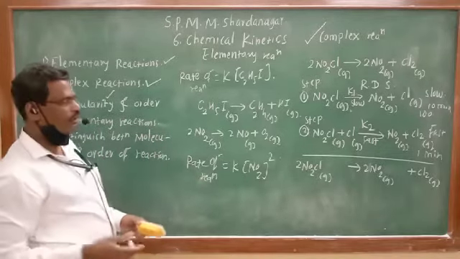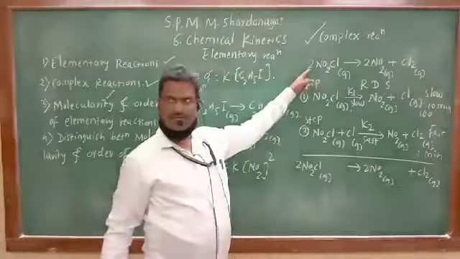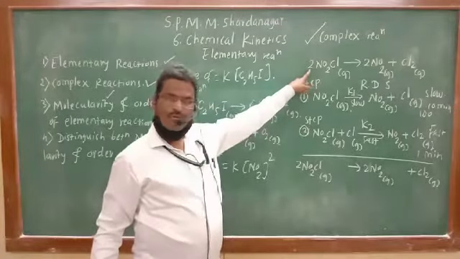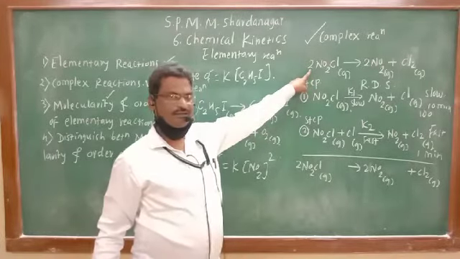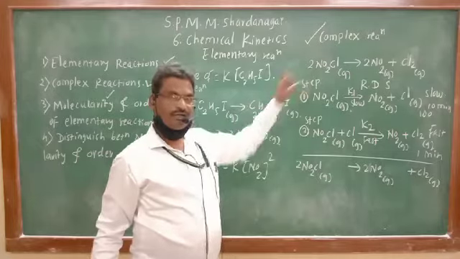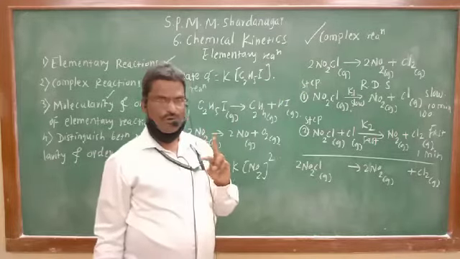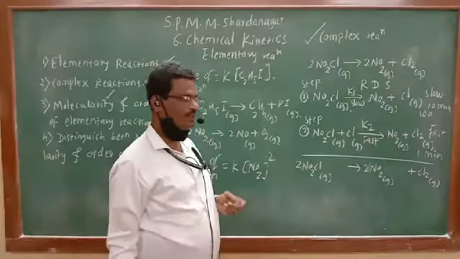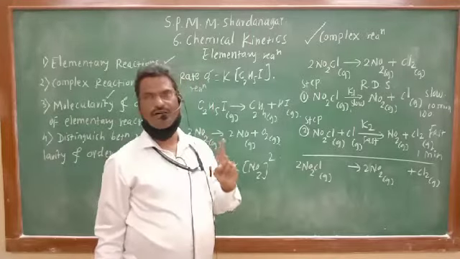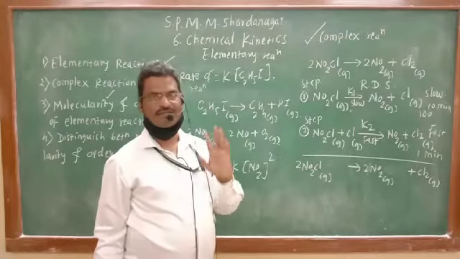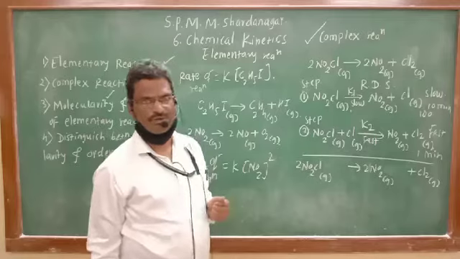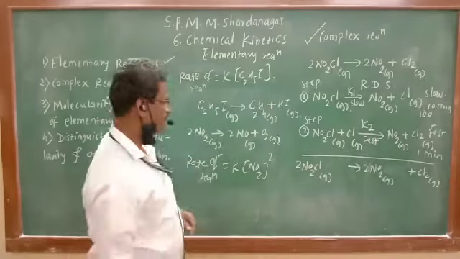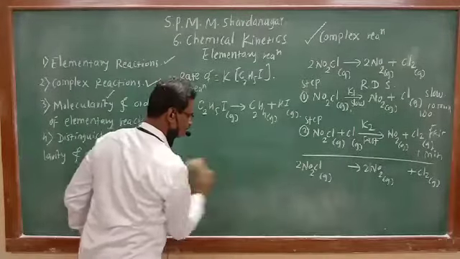But for complex chemical reactions, where it takes place in 2 or more than 2 steps, molecularity and order of reaction are different from each other. They are not same. See how it happens.